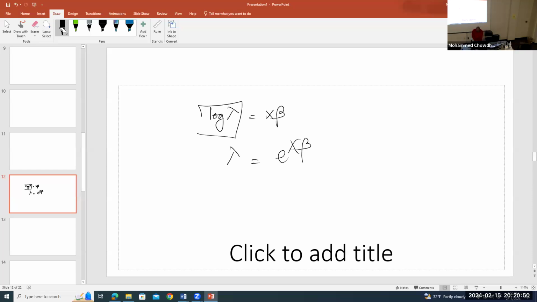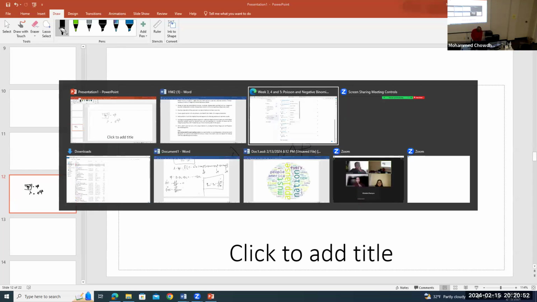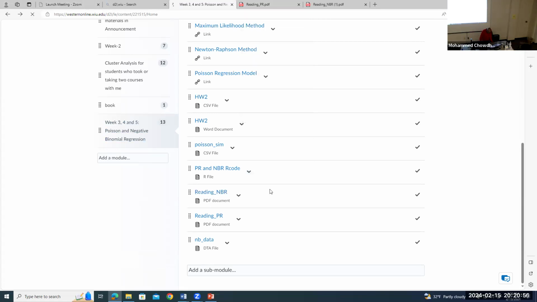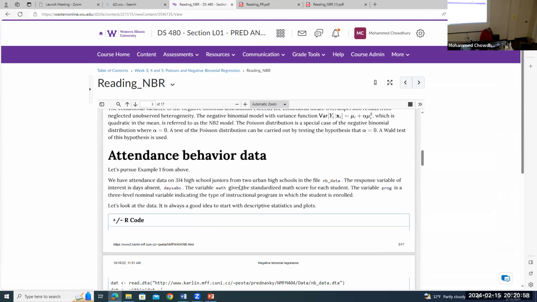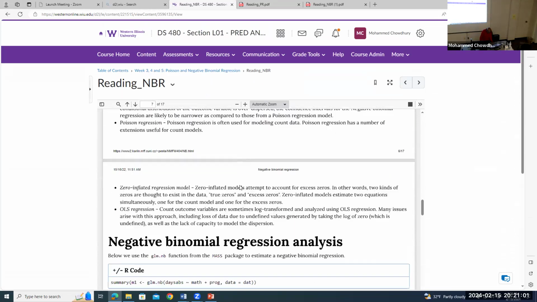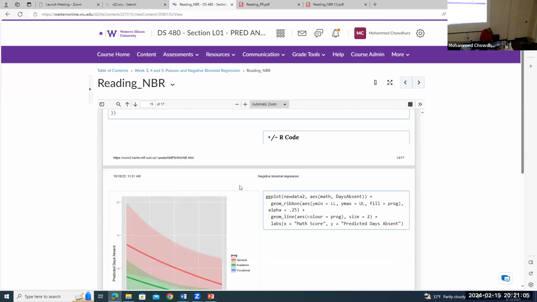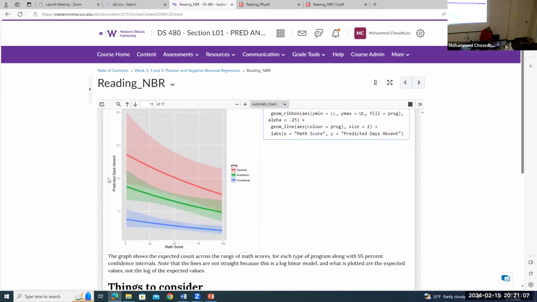So expected count in the figure means, where is that one? I already closed it. Okay, let me open it again. Predicted days absent, right?